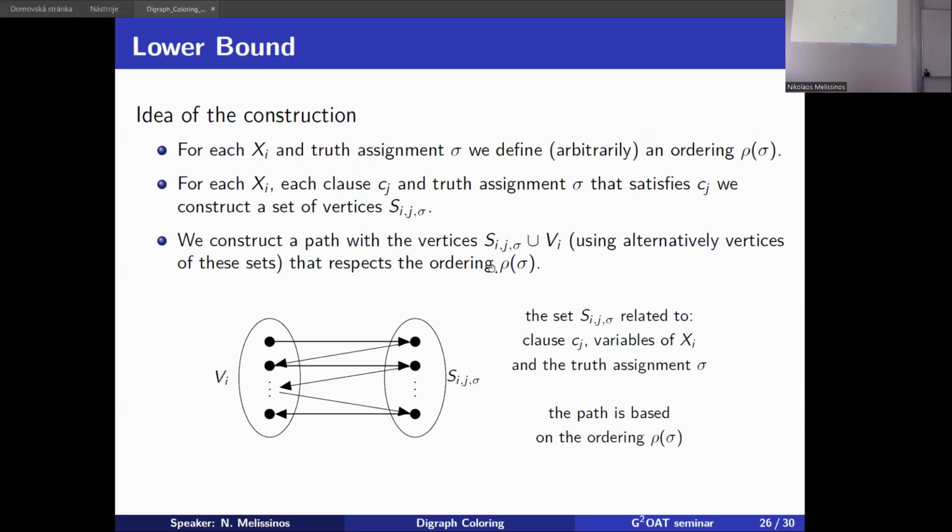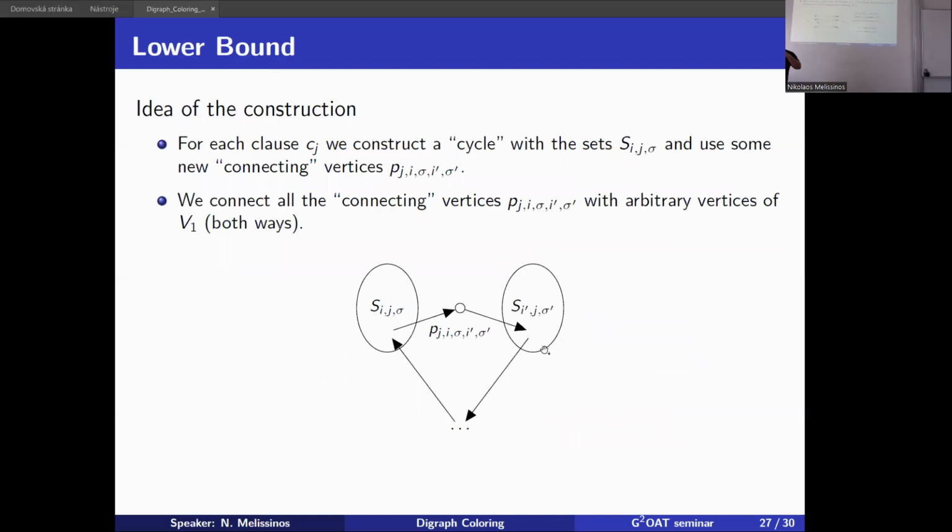Now observe that we cannot have two different assignments for the variables that are represented in this set, because this means that we have two such sets that are colored the same, and because they're represented by different orderings, we have a cycle. So each variable has a unique assignment, and then because we have destroyed all the cycles related to clauses, each clause is satisfied. Okay, I know that it was really technical.